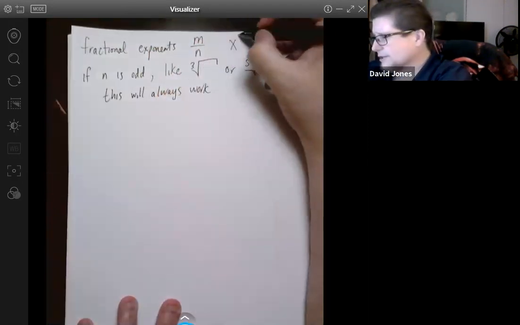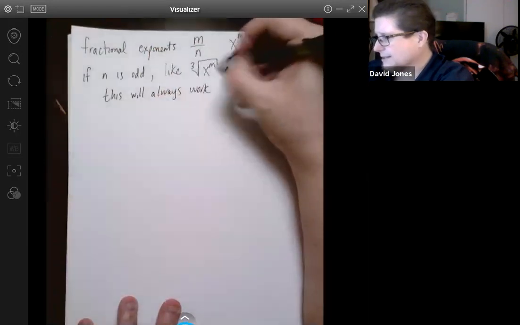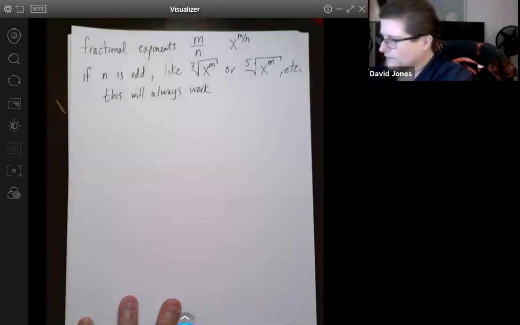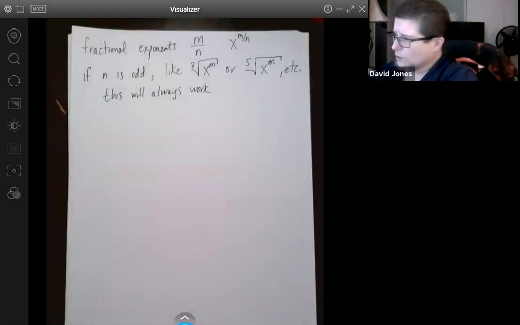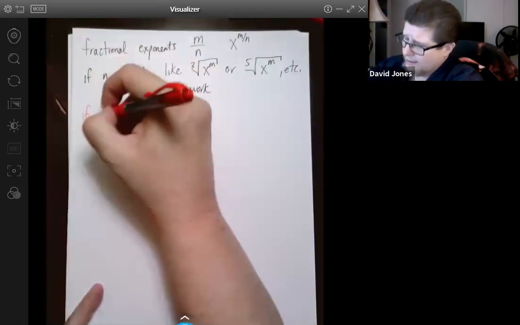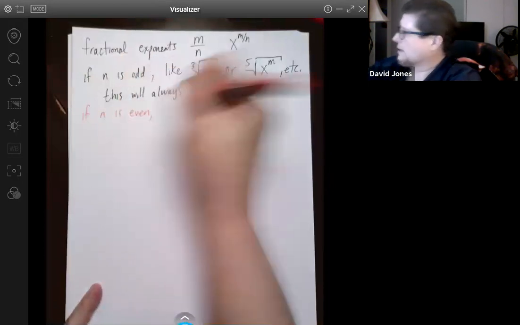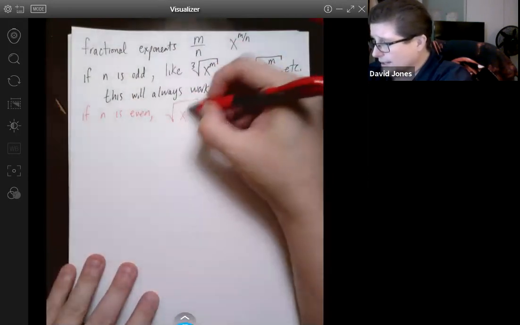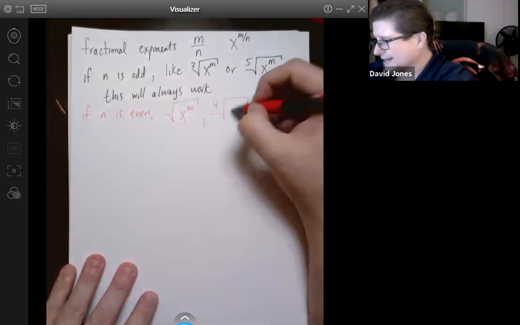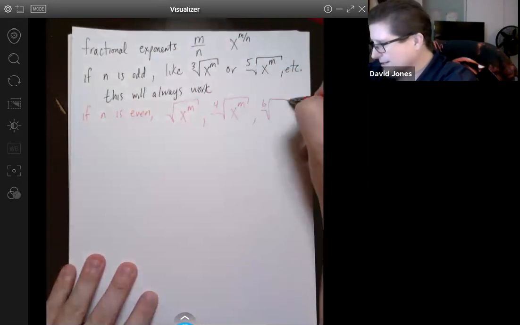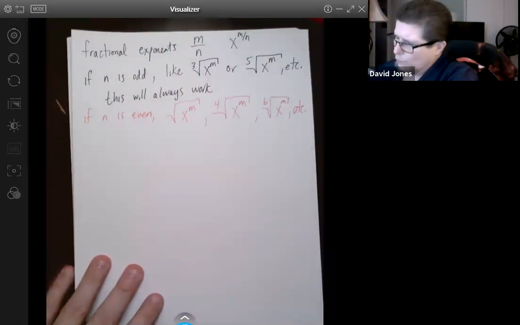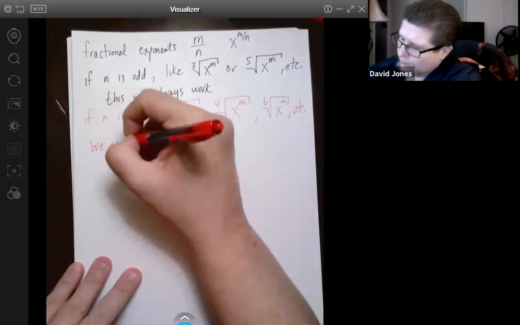Let's say this was x to the m over n, and this is the nth root of x to the m, where I just assigned n equals 3 or n equals 5 there. This will always work. If n is even, for example, the square root of x to the m, fourth root of x to the m, sixth root of x to the m, etc., we need the inside to be positive for a real solution.